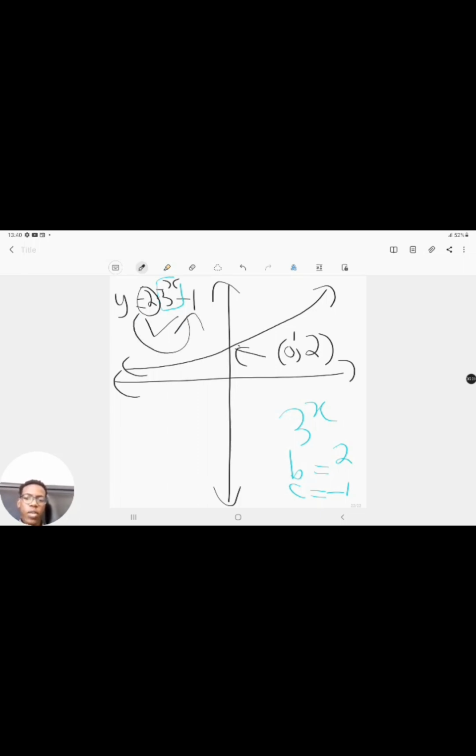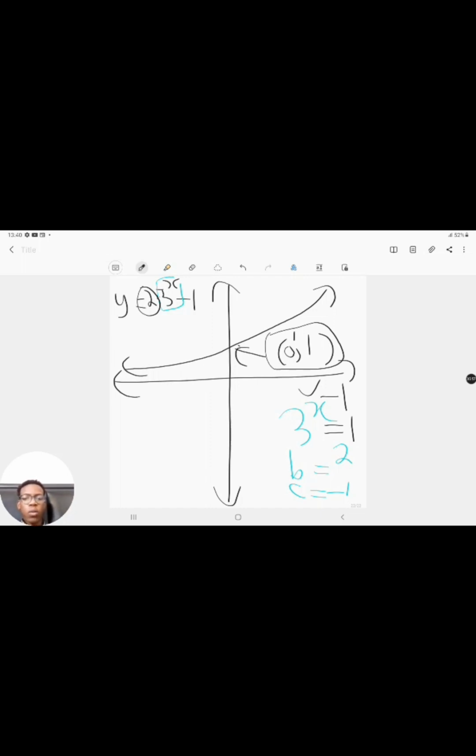So from that 2, we must subtract 1, and we are left with 1. So we come back to 1 again. See how you're working towards the final product by changing things. So this will be your final y-intercept. Now we're done with the y-intercept.